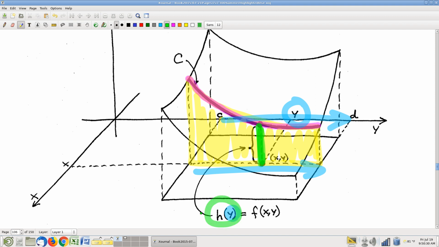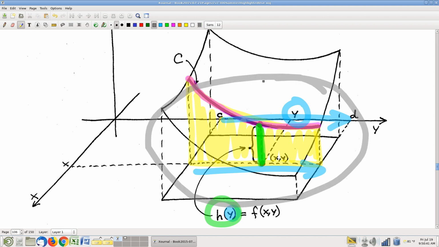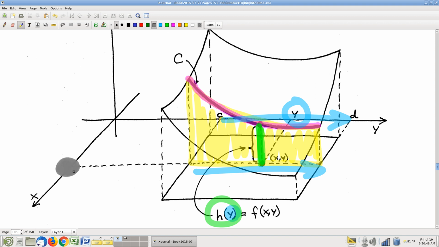Okay. So what is that function? What is h as a function of y? Well, if you look at the picture, don't forget what we're doing here. We are trying to find this cross-sectional area. It's a cross-sectional area that happens for a particular value of x. It is for that one value of x that I want to know what the cross-sectional area is. Said differently, for the purposes of this calculation, x is a constant.